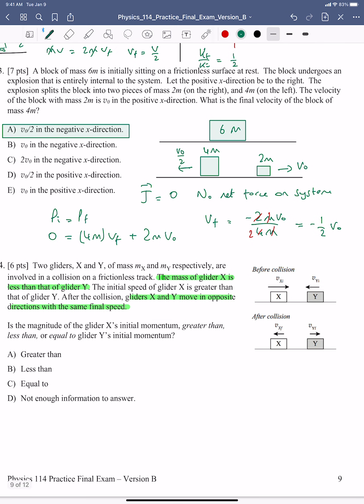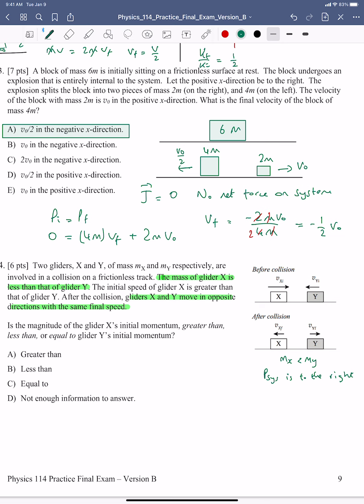So if mx is less than my, then the momentum to the left at the end is less than the momentum to the right. So the momentum of the system is to the right. They're moving at the same final speed, mass x is less than mass y, so y is going to carry a greater momentum to the right, so the system's momentum is to the right, which means it has to be always to the right.